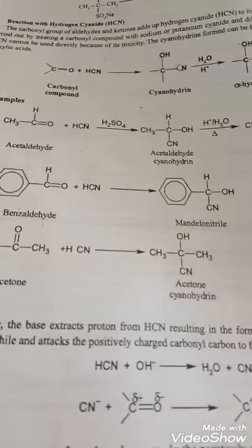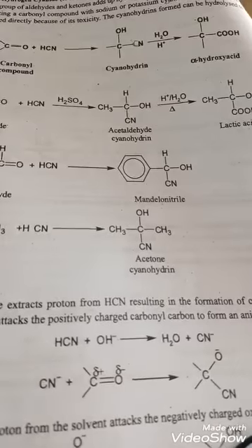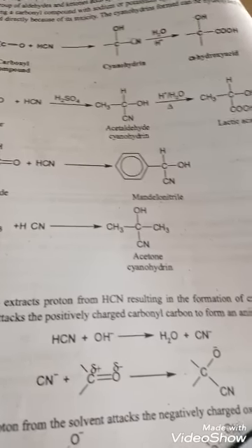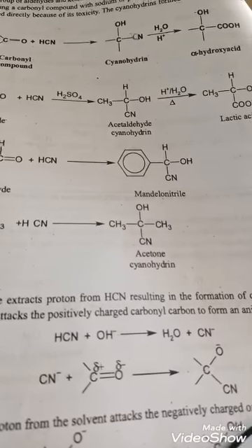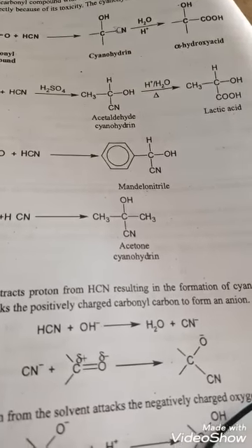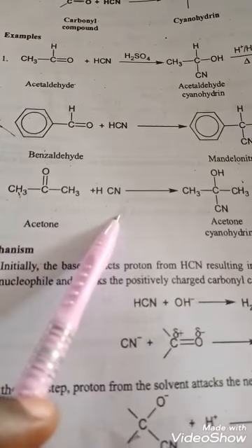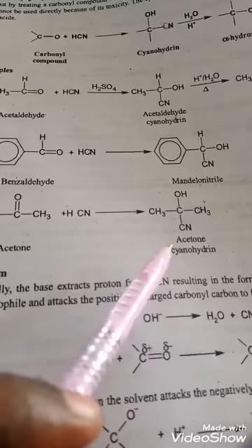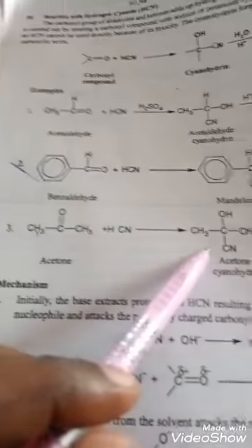This is hazardous in labs, so it is not useful for second-year students. You do not use this; it is only used by MSc or PhD students. You need not study this option. The third one is acetone, which with HCN forms acetone cyanohydrin.